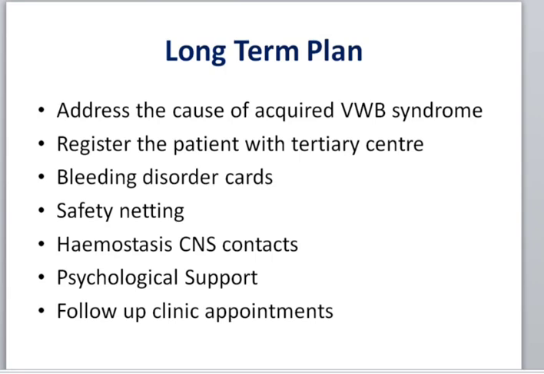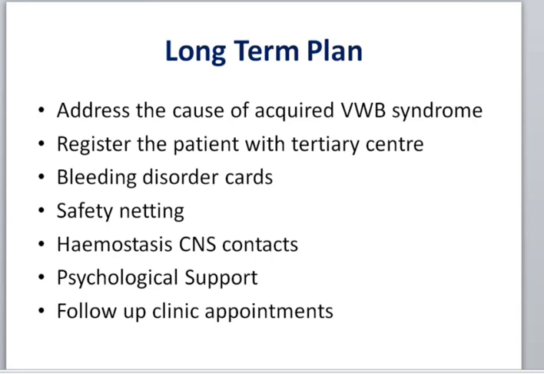So you investigated this patient for the secondary cause of acquired von Willebrand syndrome, which is IgG subtype MGUS. MGUS usually does not require treatment in the setting of acquired von Willebrand syndrome.